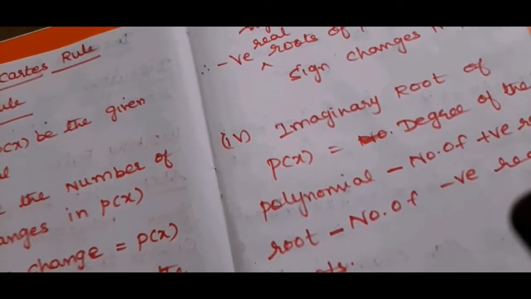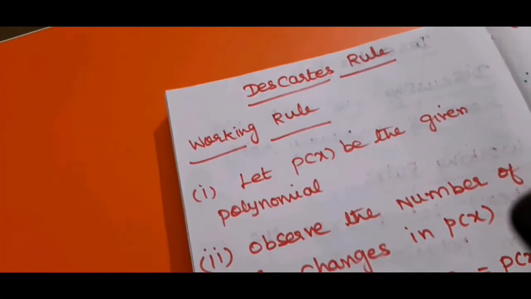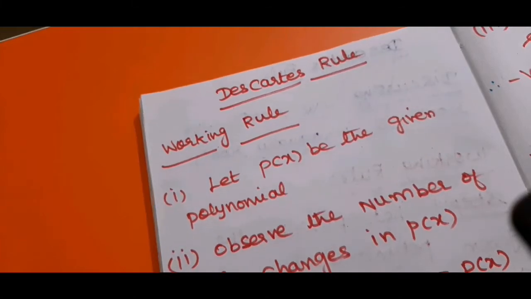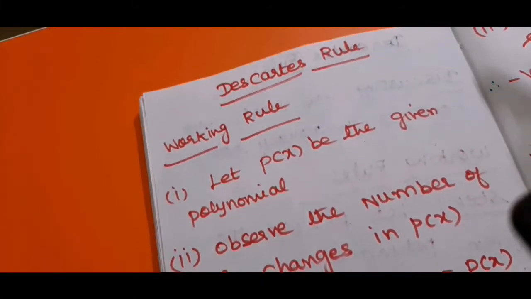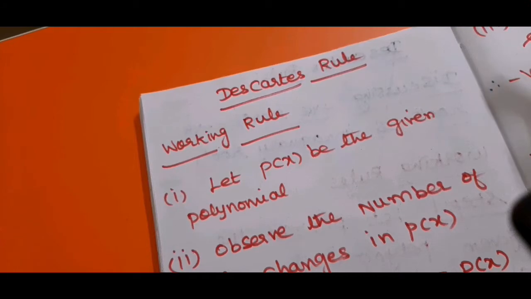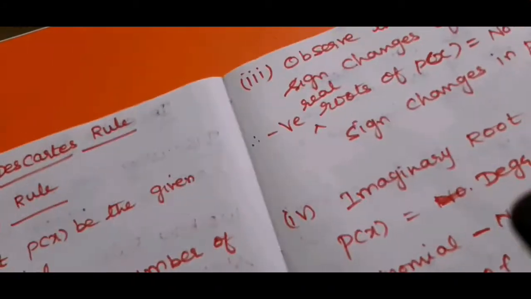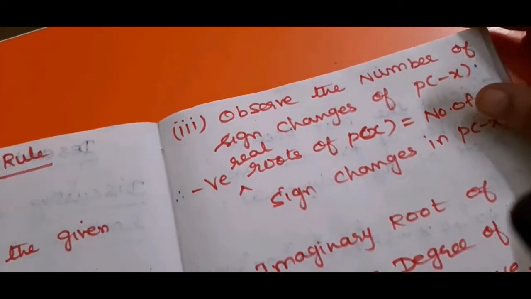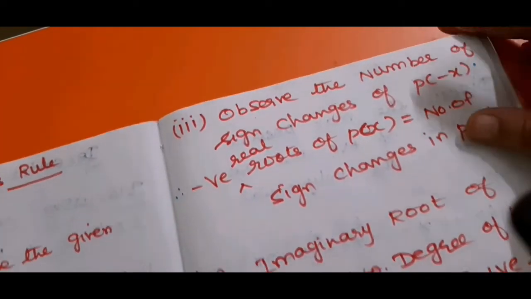So the only thing is, first take the polynomial you are given as p of x. Then observe the number of sign changes. The number of sign changes of p of x gives the number of positive roots. Then replace x by minus x and again observe the number of sign changes.